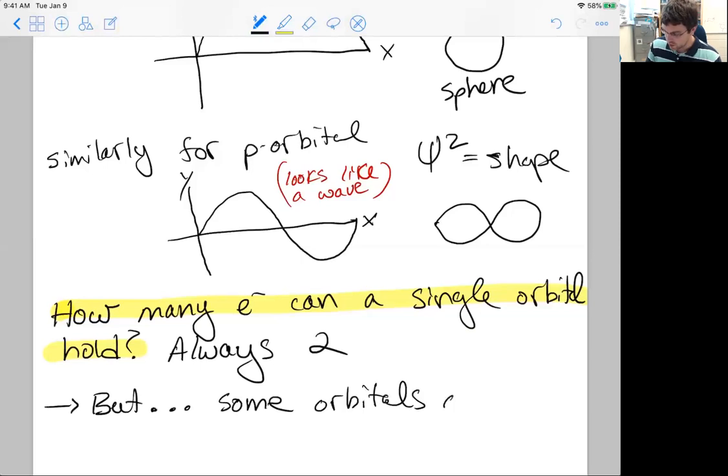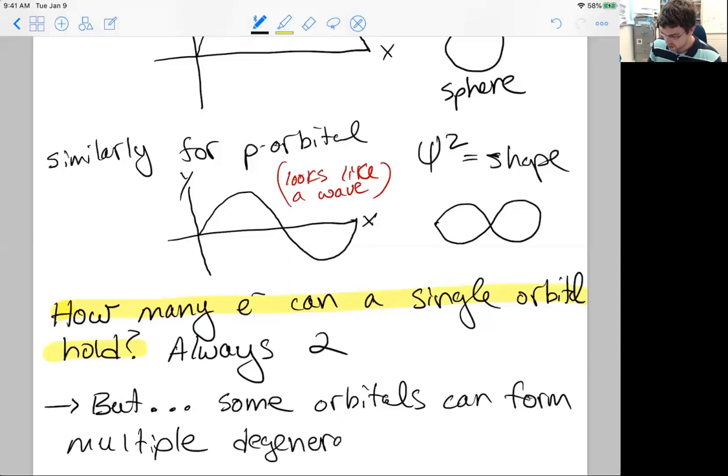Truly, each orbital can only hold 2 electrons. It's just realities in mathematics. We can see that actually, instead of just 1 p orbital forming, there can be 3 p orbitals. They all have the same energy, and we can, in each case, fit 2 electrons.